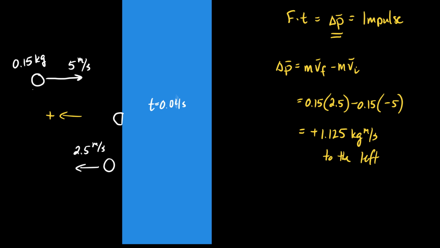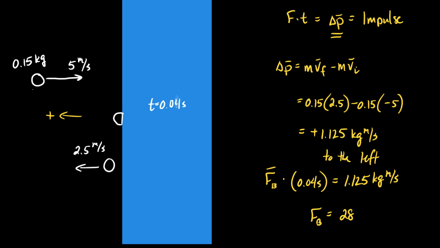Now, I do have the impulse on the ball. So the force on the ball times the time, 0.04 seconds, that's in contact with the wall, has to be equal to 1.125 kilograms meters per second. So I think I can find the force on the ball just by dividing out the time. And that tells me the force on the ball is 28 kilograms meters per second divided by seconds.